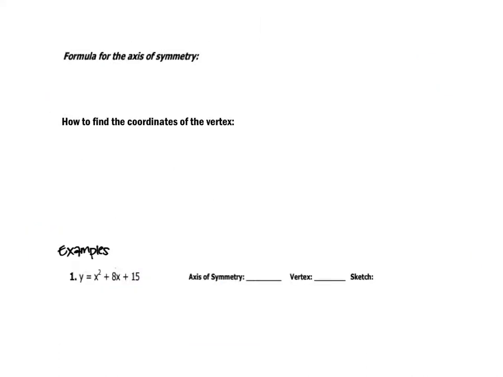All right, so the two main things we need to know today are how to find the axis of symmetry and how to find the coordinates of the vertex. We said that the axis of symmetry is a vertical line. So let's write up here the equation for a parabola is y equals ax squared plus bx plus c. Okay? This a, b, and c we're going to become very familiar with over the next couple of weeks.